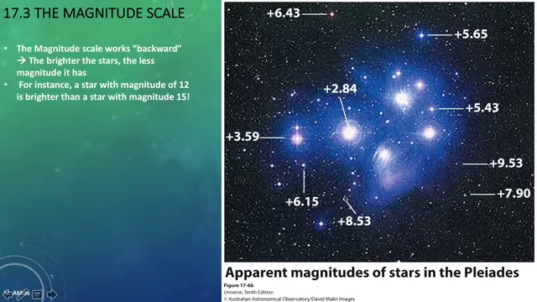Okay? Now, the magnitude scale works the opposite way around. So, if this star has a magnitude of plus 2.8, this one, which is dimmer, will have a magnitude of plus 8.53. Right? So, the smaller the number, the brighter the star.